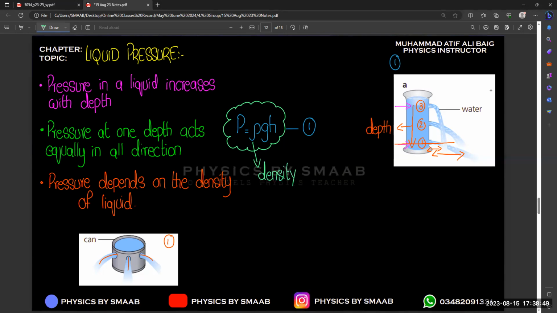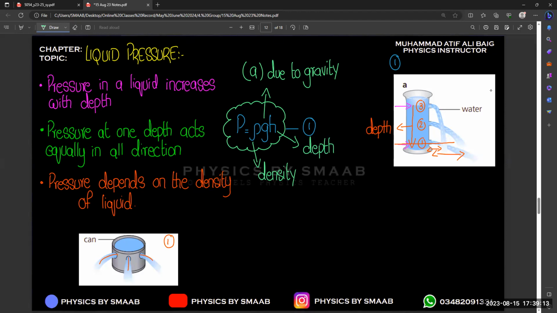Those who already completed that chapter know about the symbol. This is acceleration due to gravity, or gravitational pull. You can also write that. Last one is the depth.